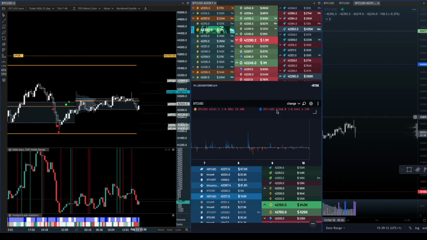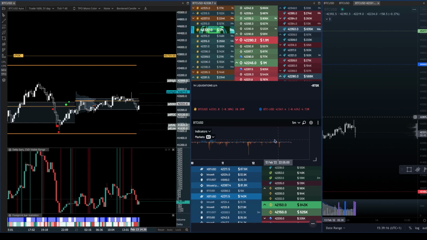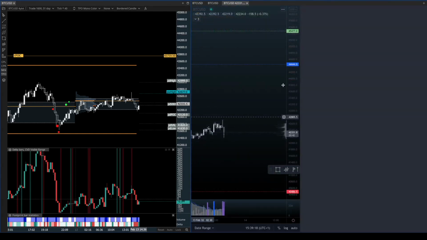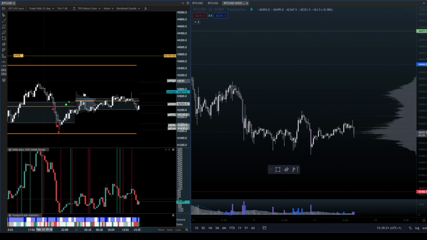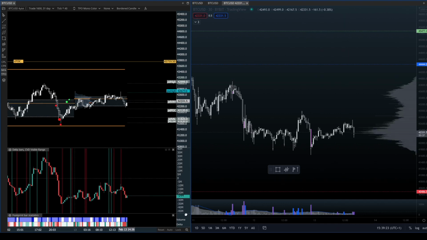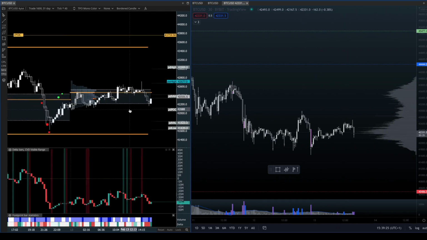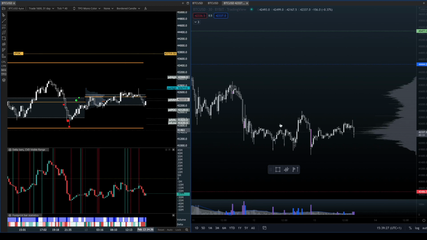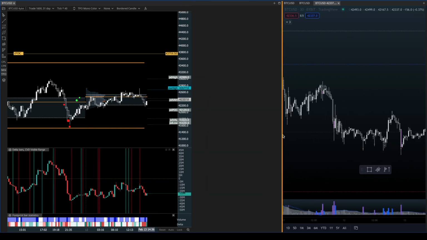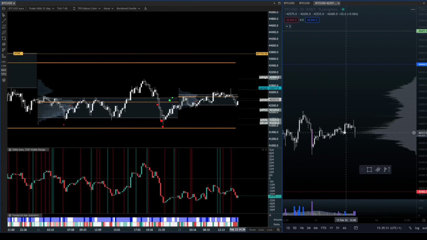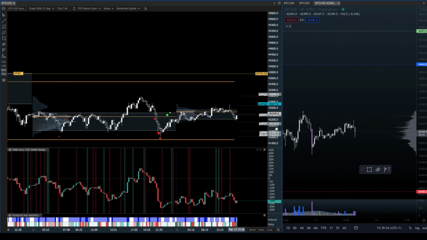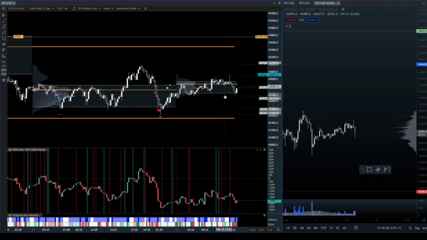Okay, so this is what I wanted to cover. When it comes to crypto, there are these small nuances or tools that you won't find if you are trading something like ES or legacy markets. You don't need to use them. If you ignore the aggregated tape completely, the funding rates, the open interest and net longs and net shorts, nothing is going to change.